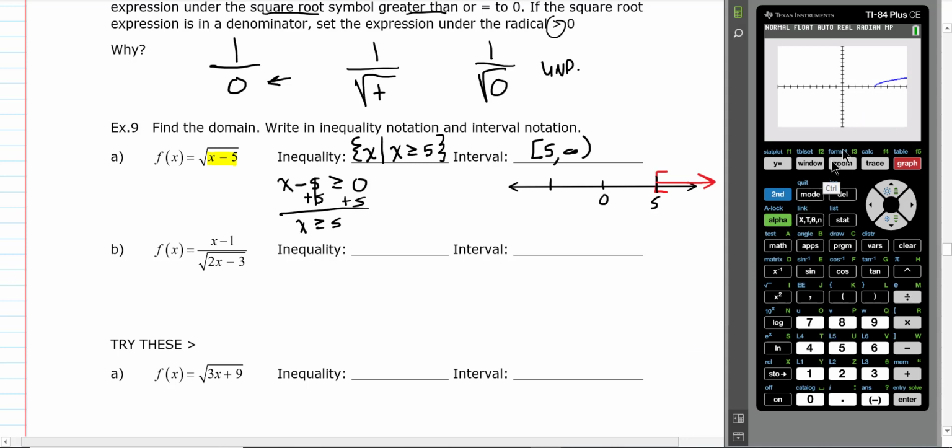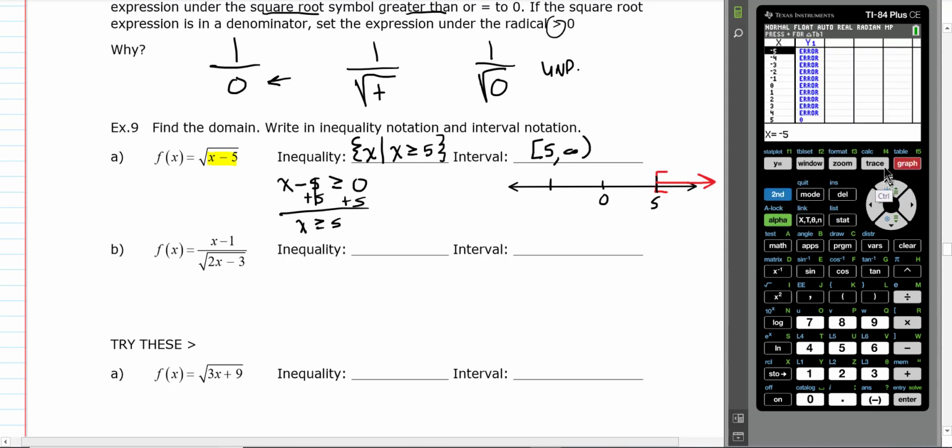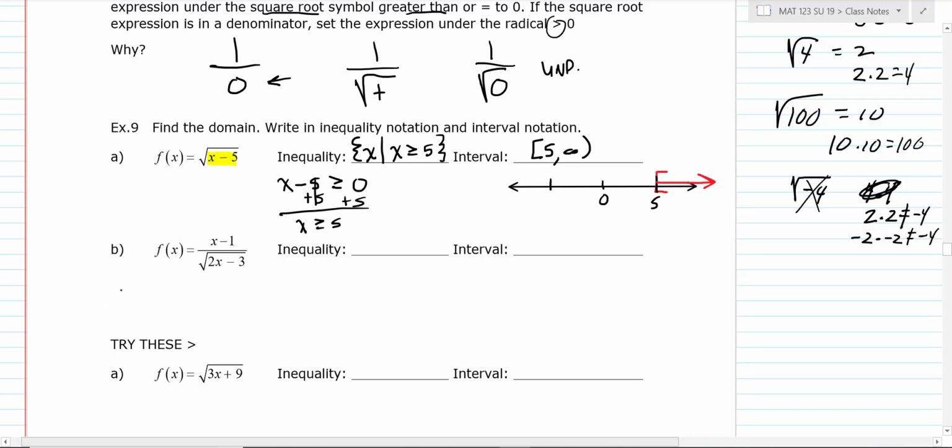And the other thing is, if you did your table, you're going to see all these errors. If you do all of these numbers below 5, you're getting square roots of negative numbers. But once you get to 5 and beyond, you start getting answers. So that'll kind of help you maybe to look at that and reason that out then.